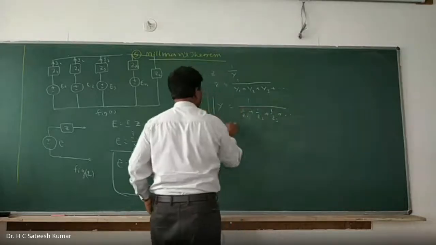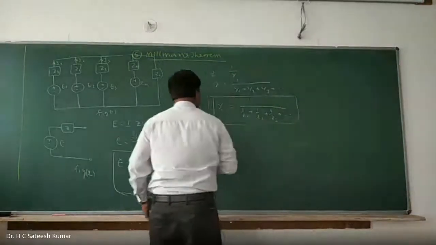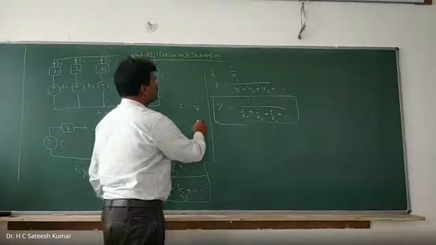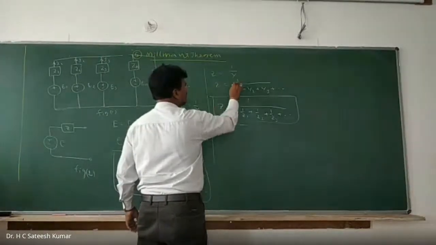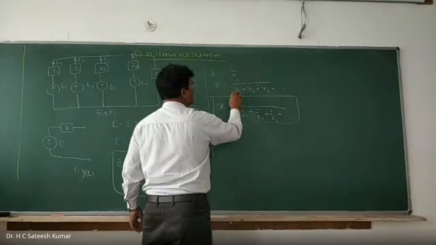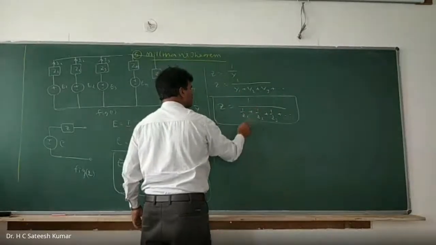Similarly, Z is equal to 1 by Y, which is 1 by Y1 plus Y2 plus Y3 and so on, where Y1 is 1 by Z1. So this is your Z.